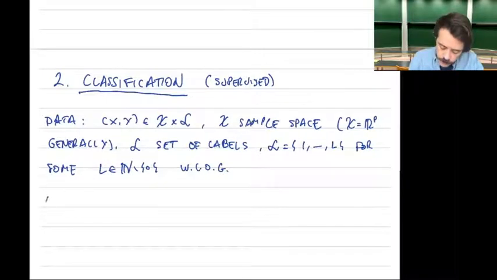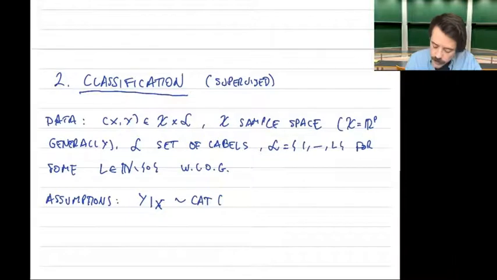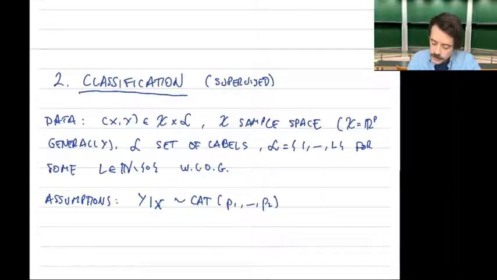So what are the assumptions? Well, in this problem in general, I think it should be clear that what we are really assuming is that the label given our covariates is going to be a categorical random variable, okay? With these probabilities.